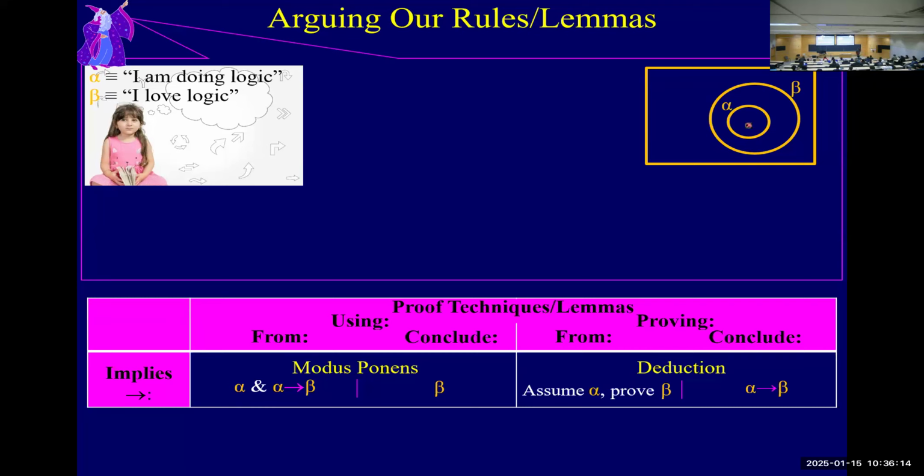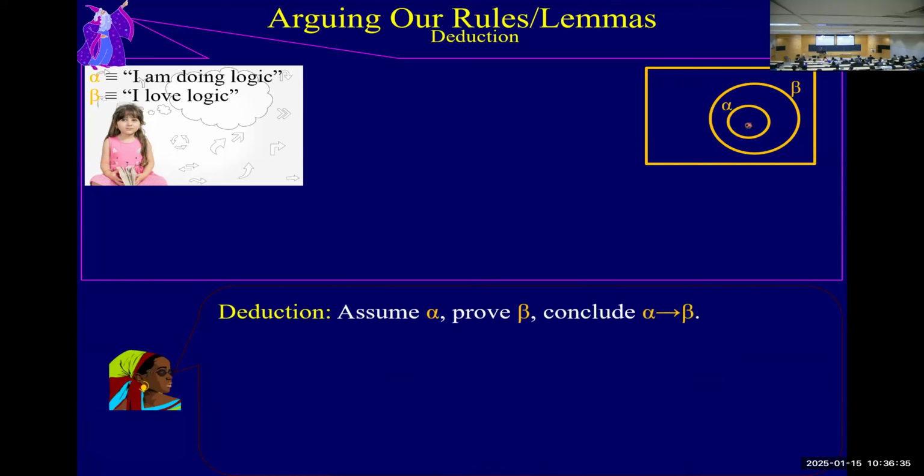And so what we're going to do is we're going to assume that alpha is true. Do we know alpha is true? No. We're just going to pretend we're in the universe in which alpha is true, and then we're going to indent, and then using that information, we're going to prove beta.